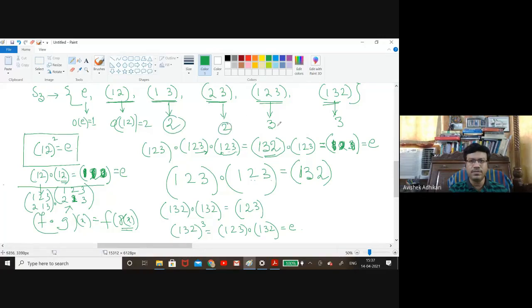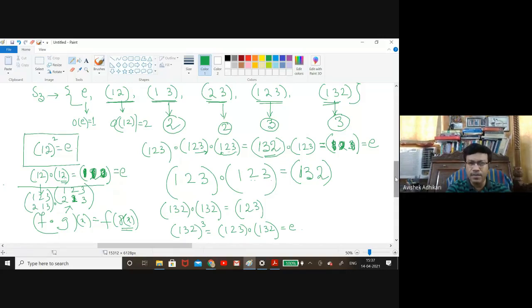So in many competitive exams, you never do it like this. You never have to compute powers and so on. From the length, you will be able to conclude the order of that element, in particular in S3, if it is made up of only one cycle.